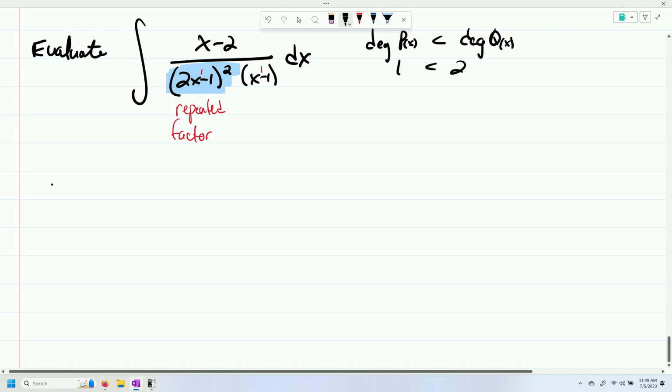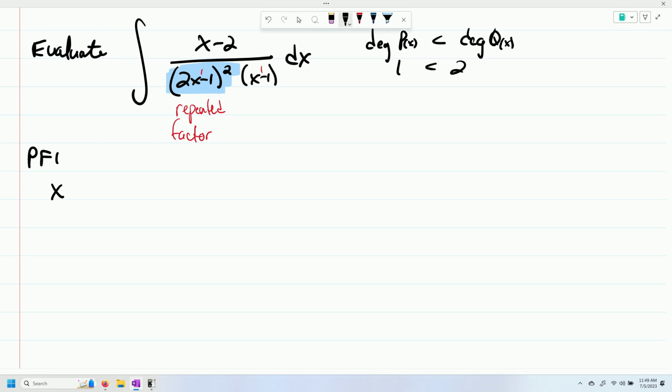So here comes the partial fraction decomposition. We have x minus 2 over 2x minus 1 quantity squared times x minus 1. Now, to break this up, because we have repeated factors, we need to do it twice.